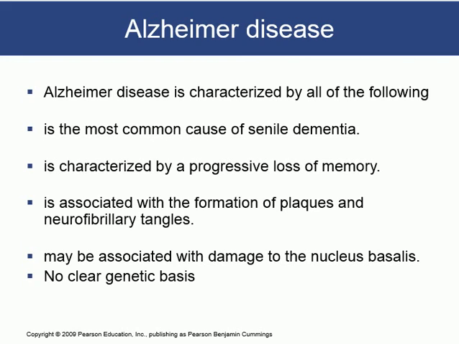Plaques and neurofibrillary tangles form and deposit in the cortex. And specifically the nucleus basalis might be damaged. But what's the most important anatomical change? Deposits in the form of plaques and neurofibrillary tangles in the cortex.